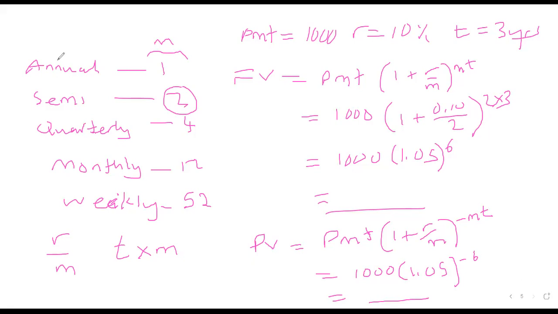Which gives us another important term, which is called the effective annual rate. The effective annual rate is simply given by 1 plus R over M, to the power M, minus 1. So our R is what? 10%.